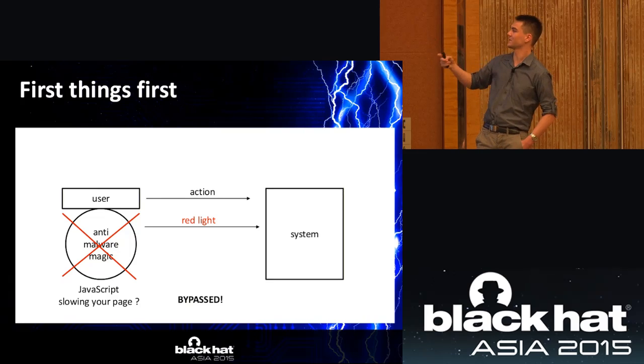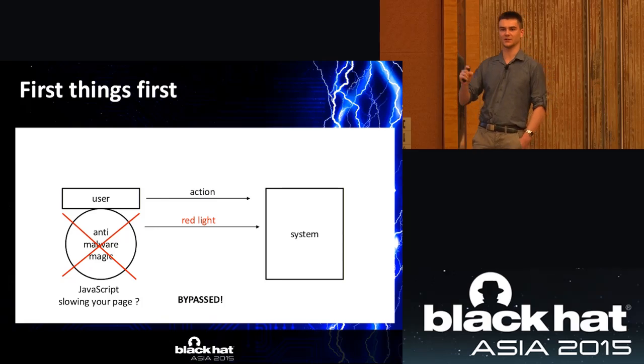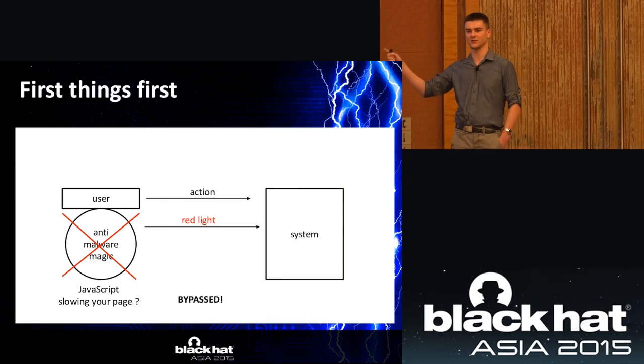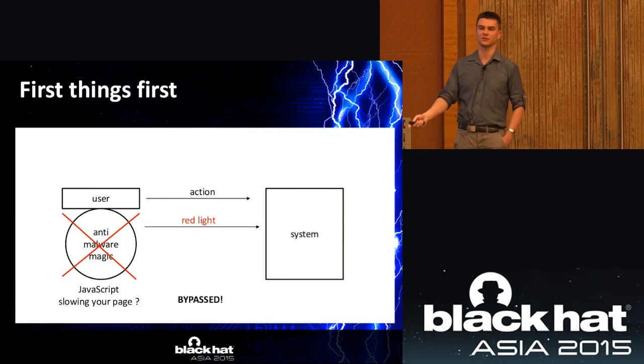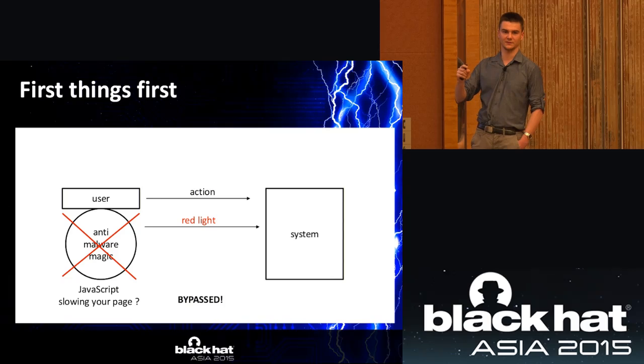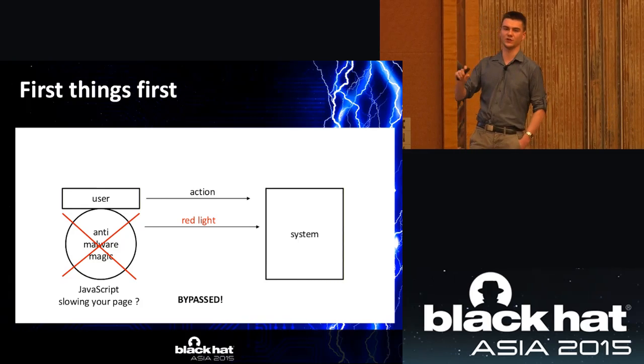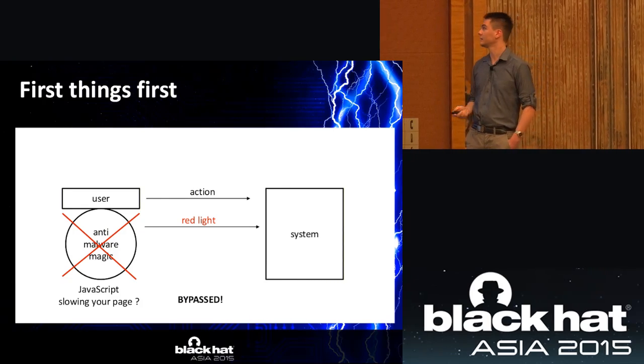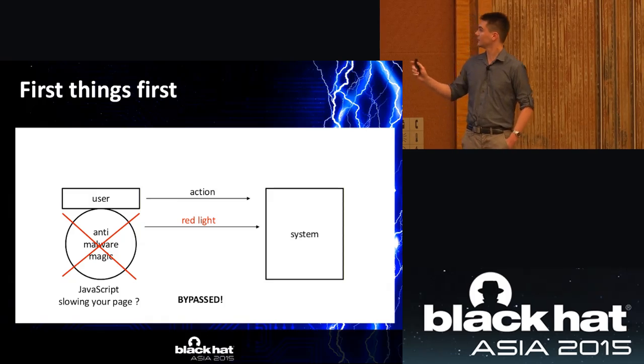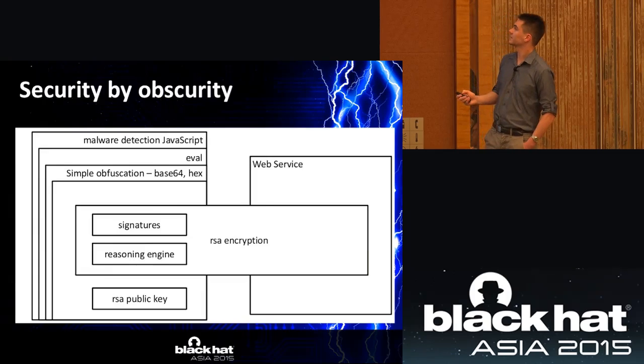So if JavaScript is slowing your page, you can actually log in on an infected machine without even executing this JavaScript, which should detect your malware. So it's another consequence of using the red light instead of the green light idea. And again, it was bypassed.